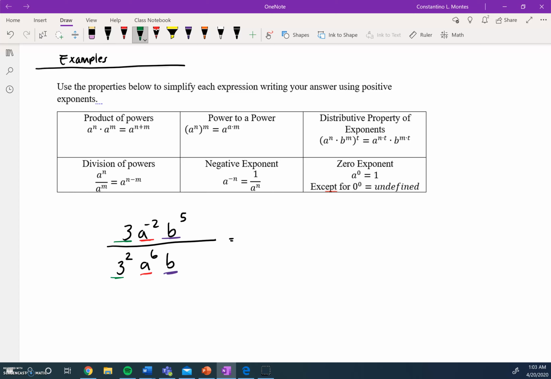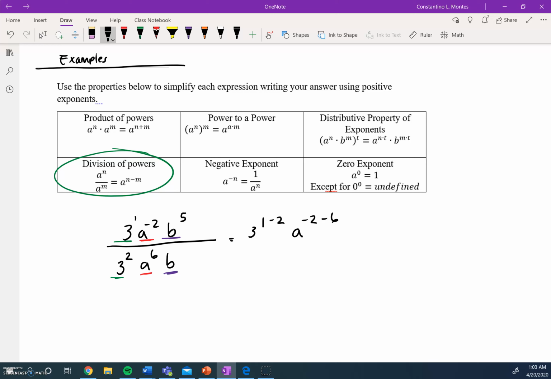I'm going to use again this division of powers rule. Now something that people forget is that there is an imaginary 1 up here at the 3. So this should be 3 to the power of 1 minus 2. This up here will be a to the power of -2 minus 6.